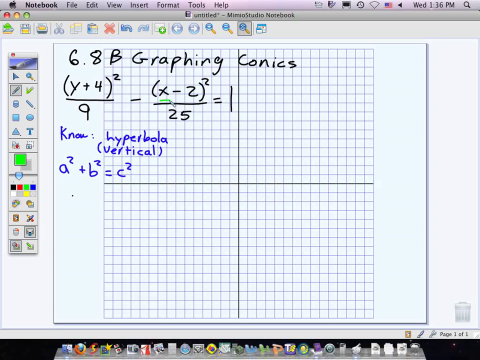So 2, -4, so what I would do is just plot that. So 2, 1, 2, 1, 2, 3. So our center is 2, -4.